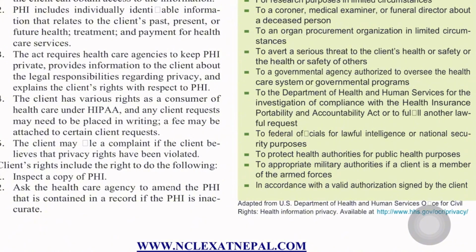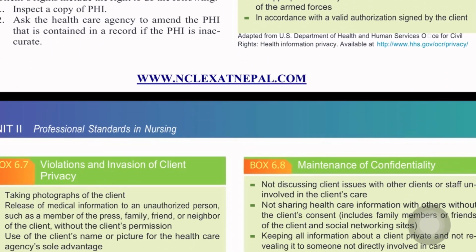So, guys, here we have read about health insurance and personal health information.